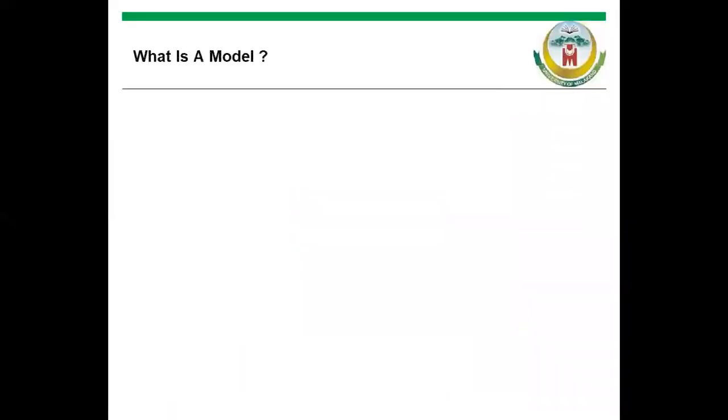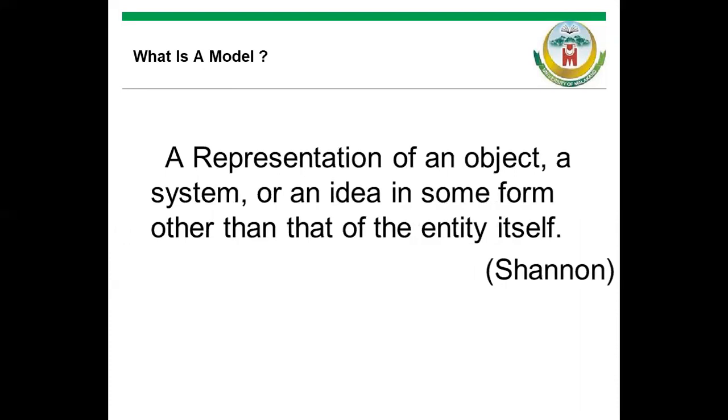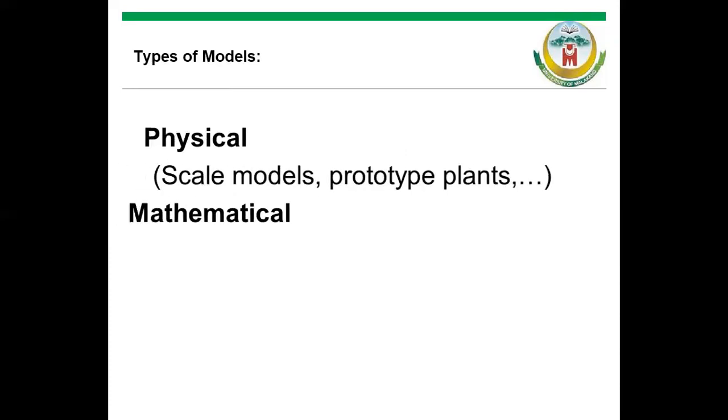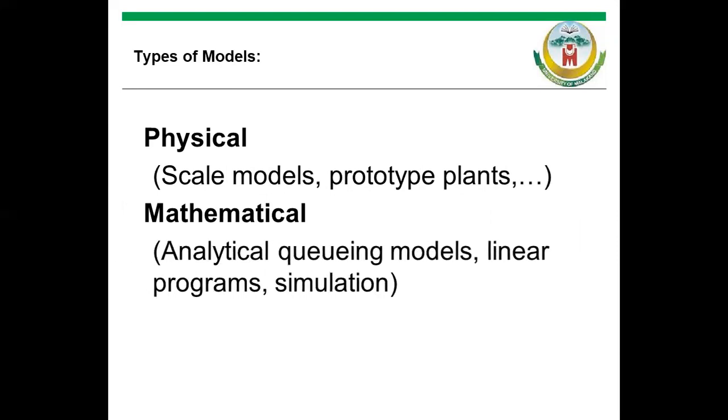Now we will go to the theoretical details. What is a model? We already know: a representation of an object, a system, or an idea in some form other than that of the entity itself. And we know about types of models: physical models and mathematical models. In the first example we used a physical model, and in the second example we used a mathematical model.